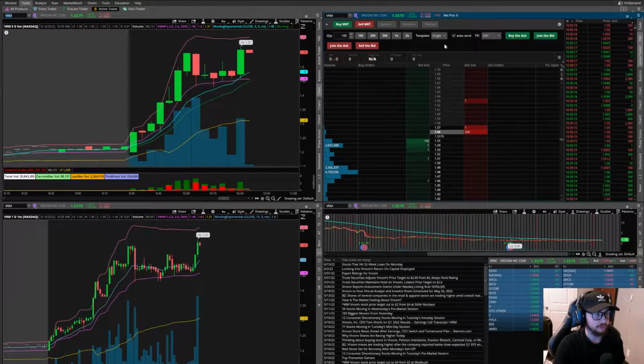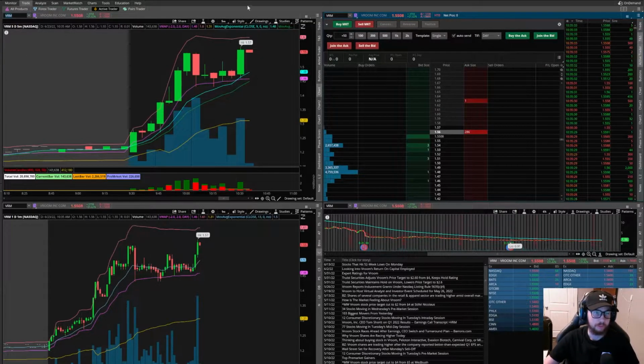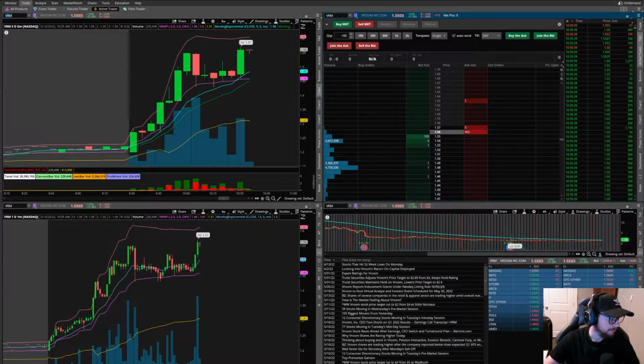So a 10,000 share seller is going to affect a $1 stock tremendously more than a 10,000 share seller would affect a $5 stock. We want to keep these things in mind when we're flipping through stocks and changing what we're trading, sometimes quickly, because these things move very fast.